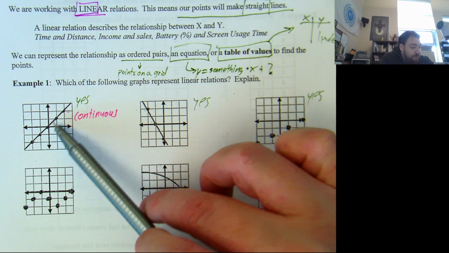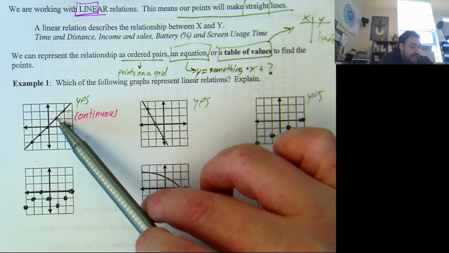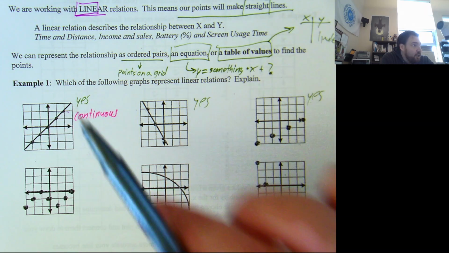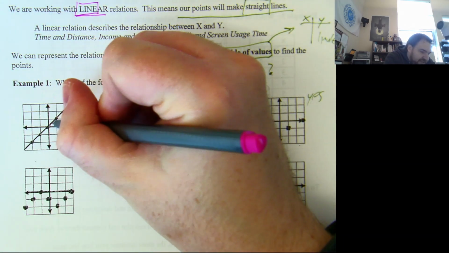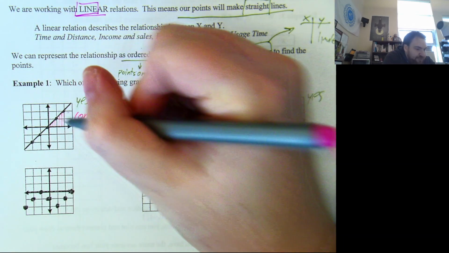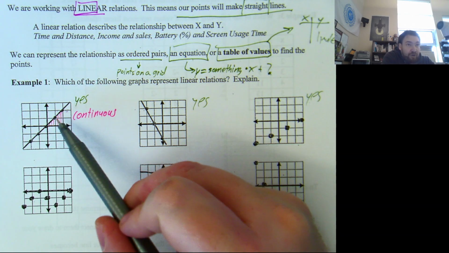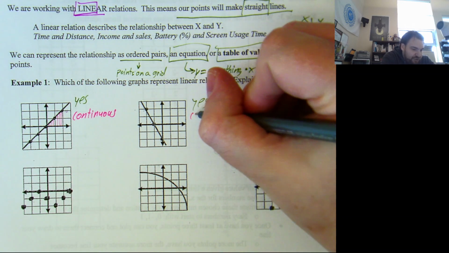Not only are these points part of the line, but every little dot that makes up the line itself is also part of the relationship. So every single one of these fractional values is part of it when you have a line. Same thing here. We say this one is also continuous.